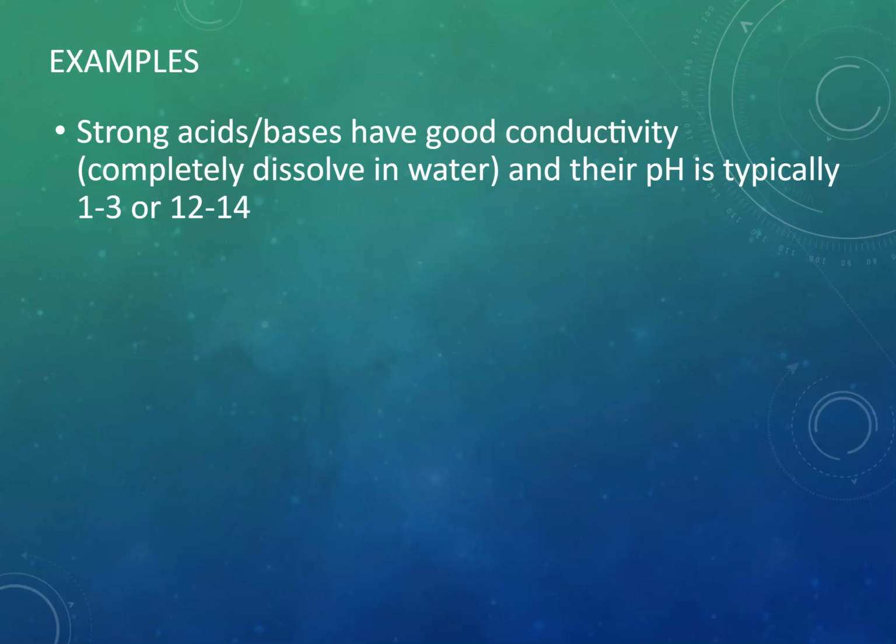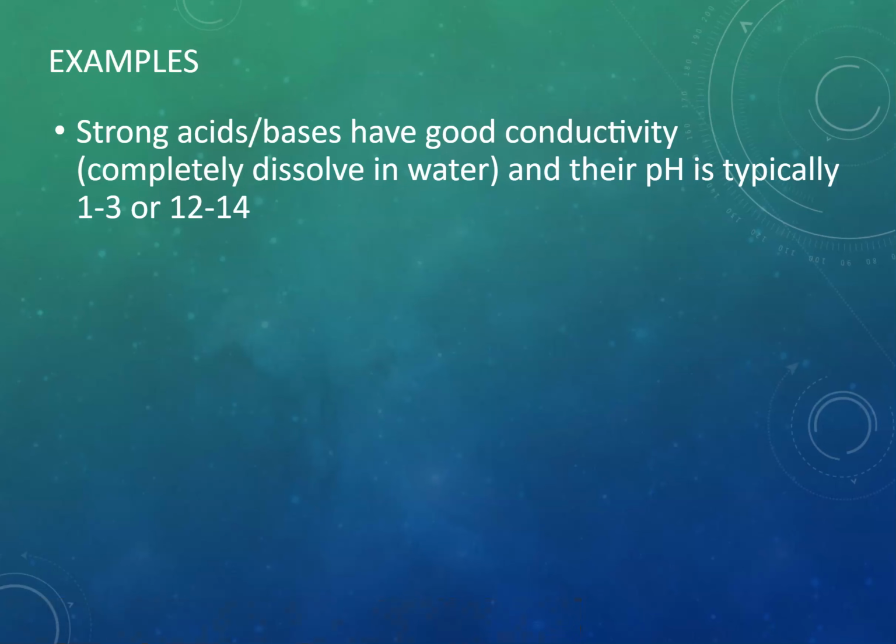That's not to say that you can't have a strong acid with a pH of 5. You can, if it's very dilute, so you do have to understand the concentration as well. In general, most of the strong acids and bases you're going to deal with will have pHs in that range.